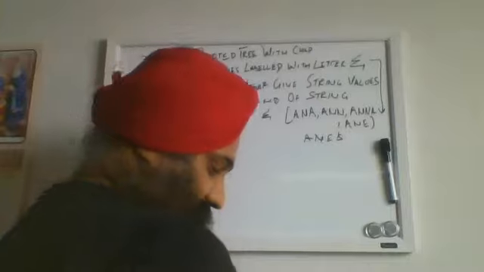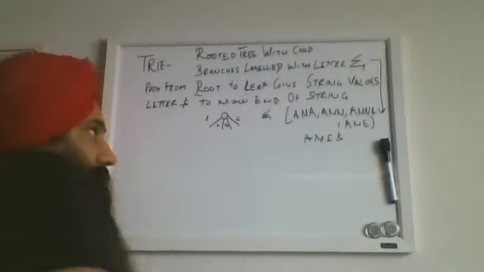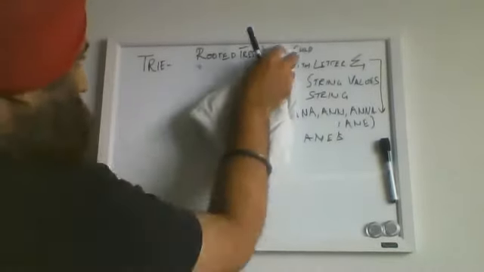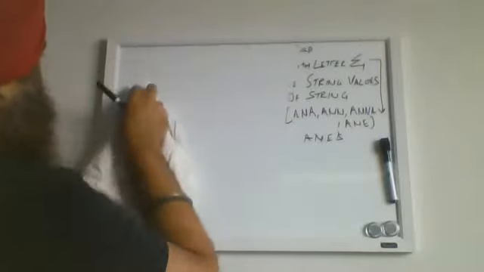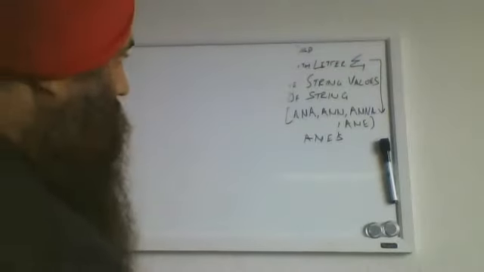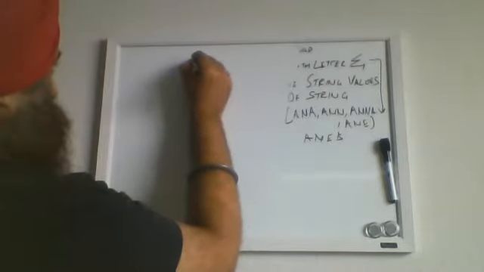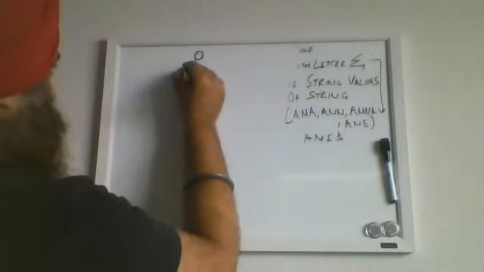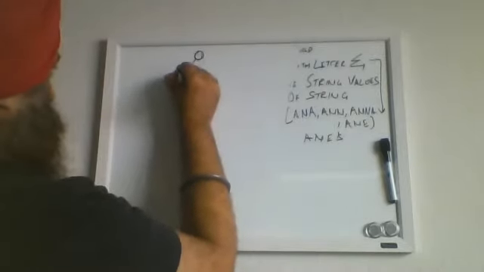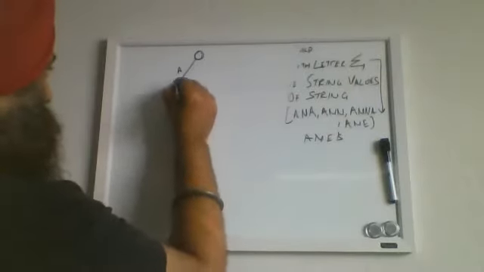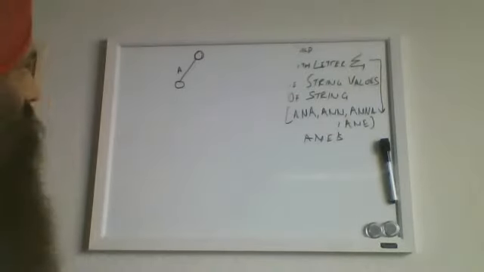So let's try to represent these strings with a trie. Let me quickly erase this, keeping the letters as such. First, we start from the root. Pick up a, the first string, and we come to an internal node.